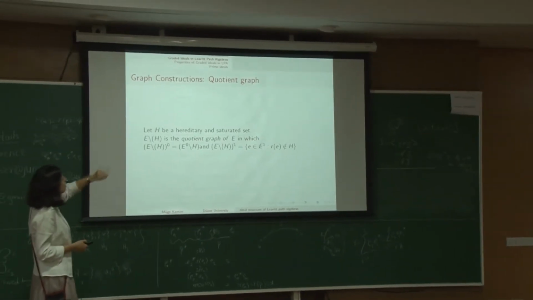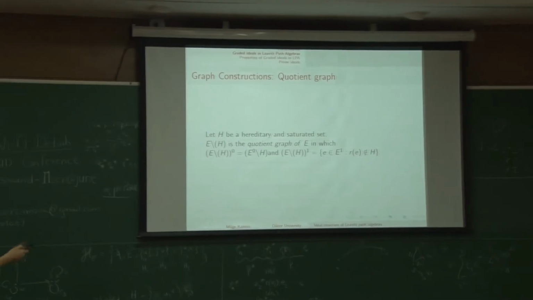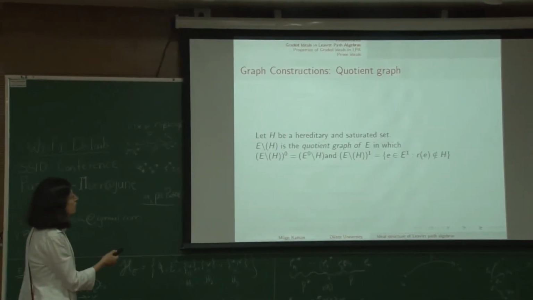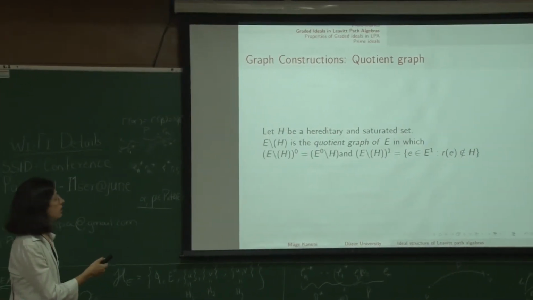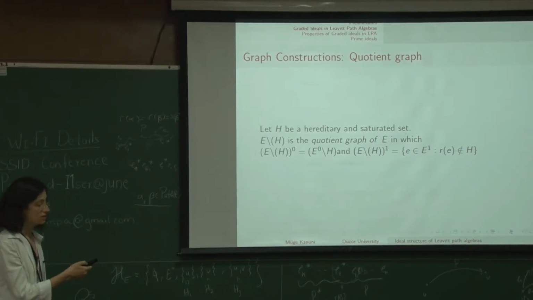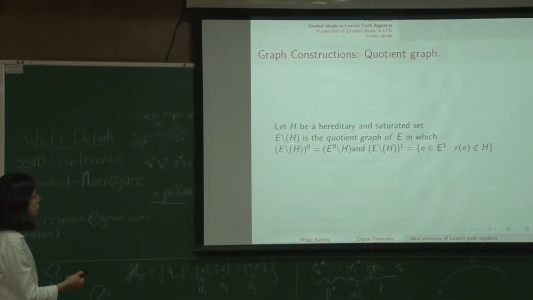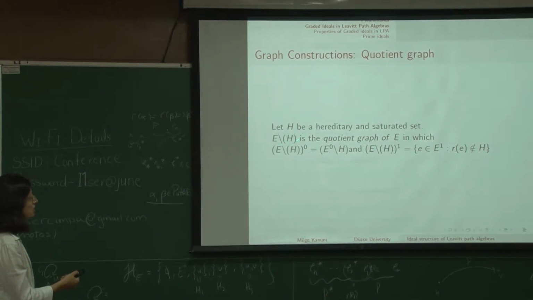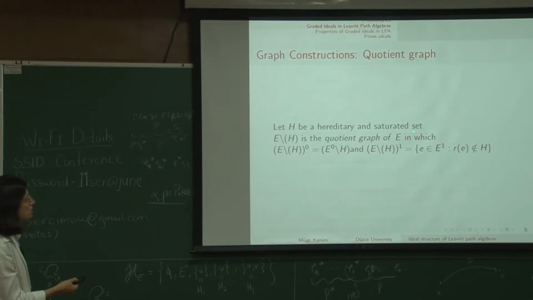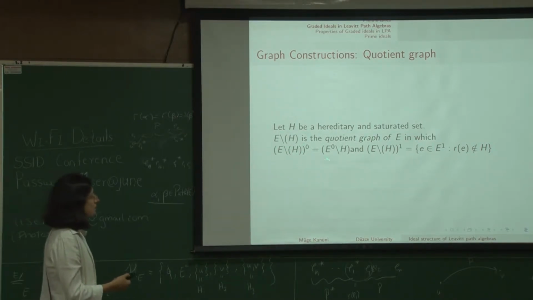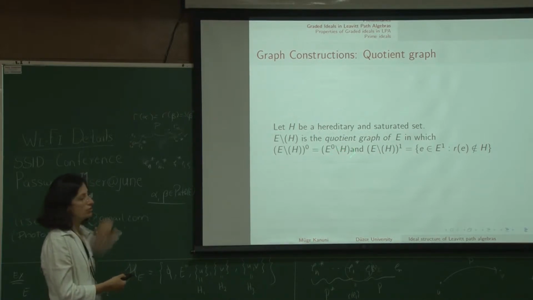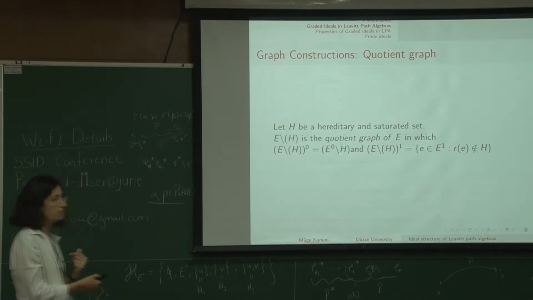Now, I'll define a quotient graph for a given graph. Take any arbitrary non-zero hereditary saturated set. We define the quotient graph denoted by E slash H. It's a quotient graph of E such that the vertex set is obtained by getting rid of H and taking whatever is left.